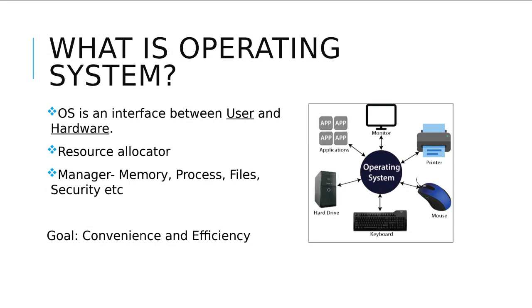Why is it called a resource allocator? Because let's say 2 or 3 people requested the printer. That means let's say Khizit, Afrin, Dipali and me. We 4 of us want to print something on the printer.